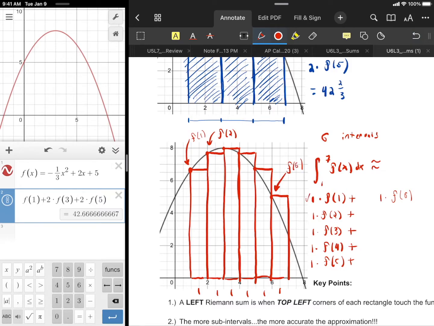So altogether, just check. We have 1, 2, 3, 4, 5, 6 different subintervals. And so we're going to add these all together.